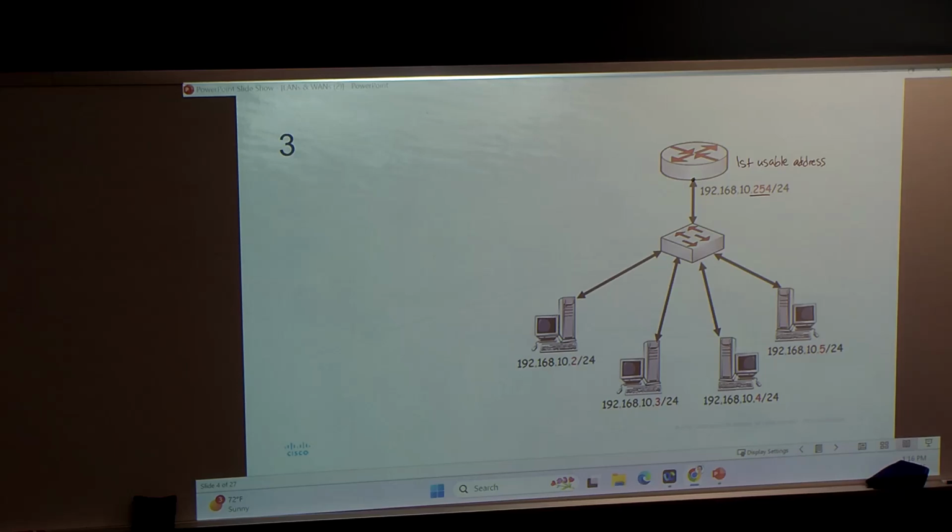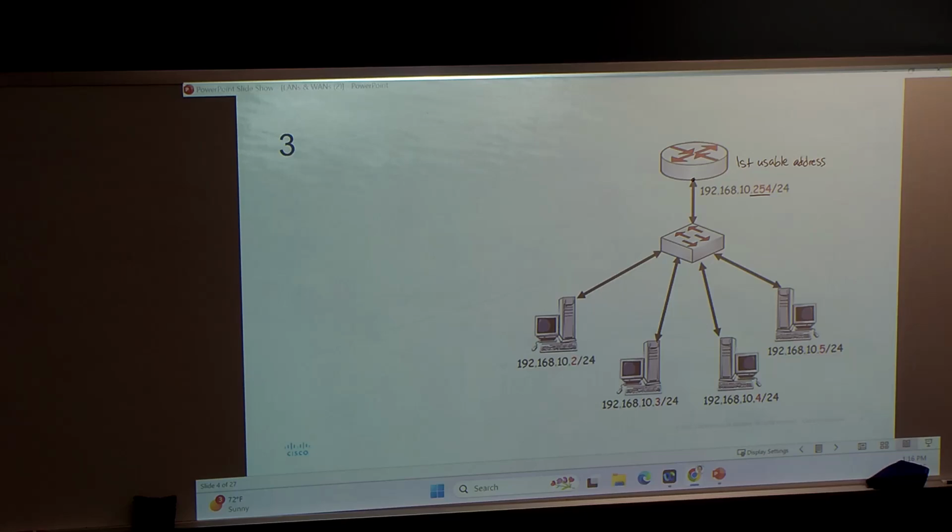Write that down. Okay, a broadcast is when all of the host bits are turned on. So either write it down, add it to your mind map, capture that information. Yeah, it's when all the host bits are on. The broadcast address is when all the host bits are on.